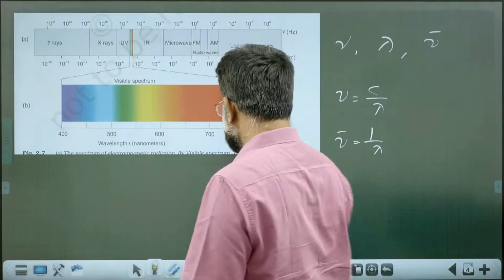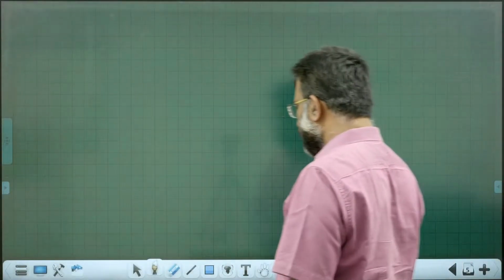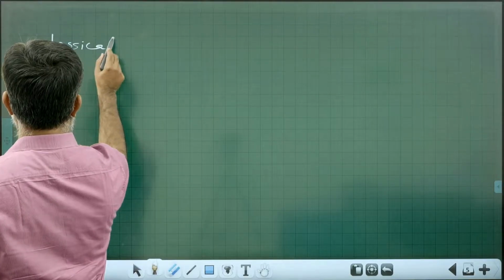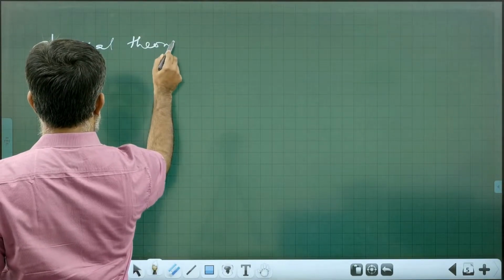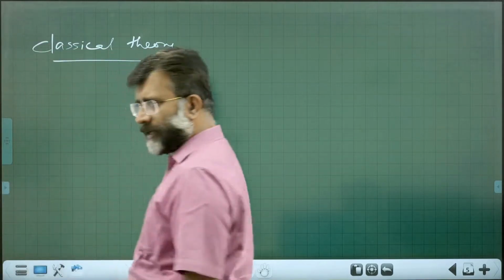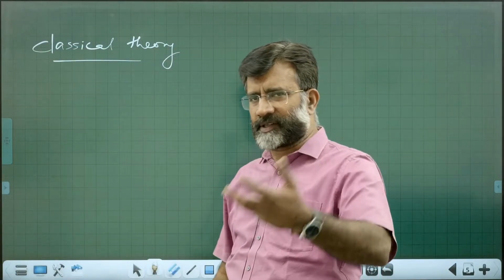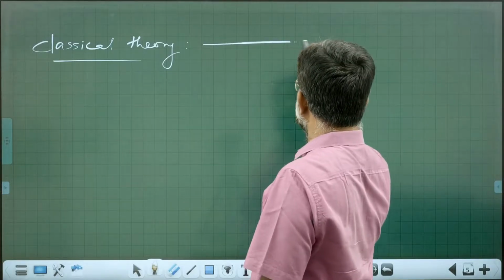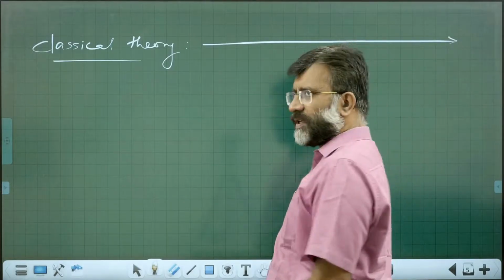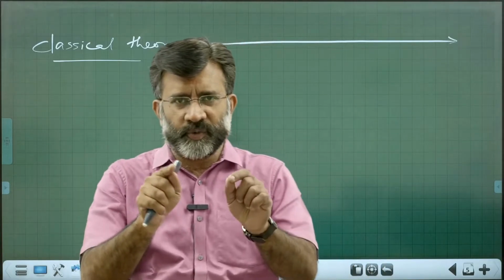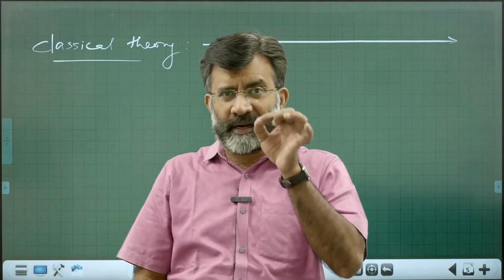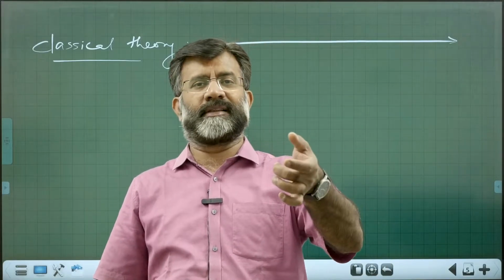All of you know, according to classical theory, the transmission of energy is happening, the radiations are transmitted in a continuous manner. The energy transmission is continuous in nature. That is classical theory. I am talking about the fundamental basic difference between classical theory and quantum theory.